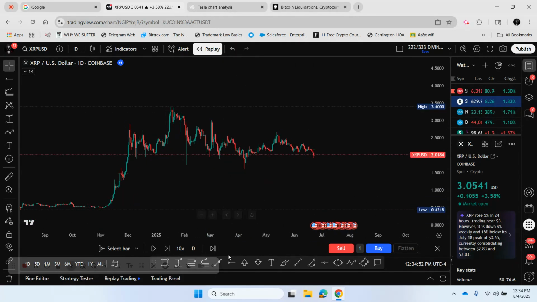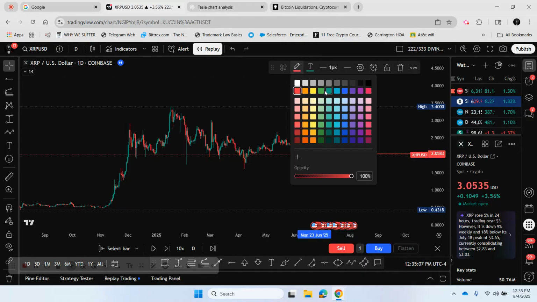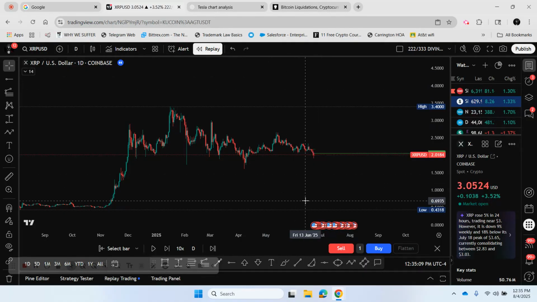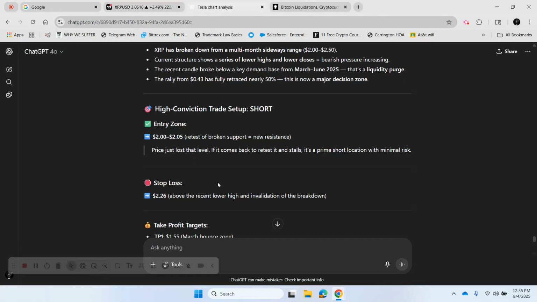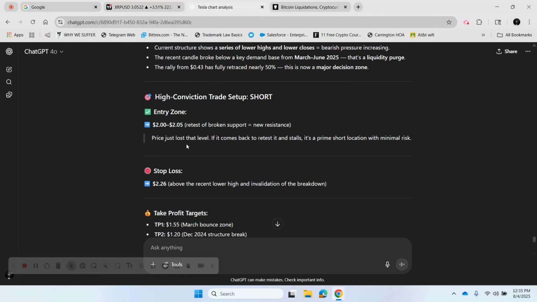So basically, it's telling you you need to be going long right in there. Let's take this green. All right, green. Boom, 205 right there. Okay. All right, so it's a price just lost that level.